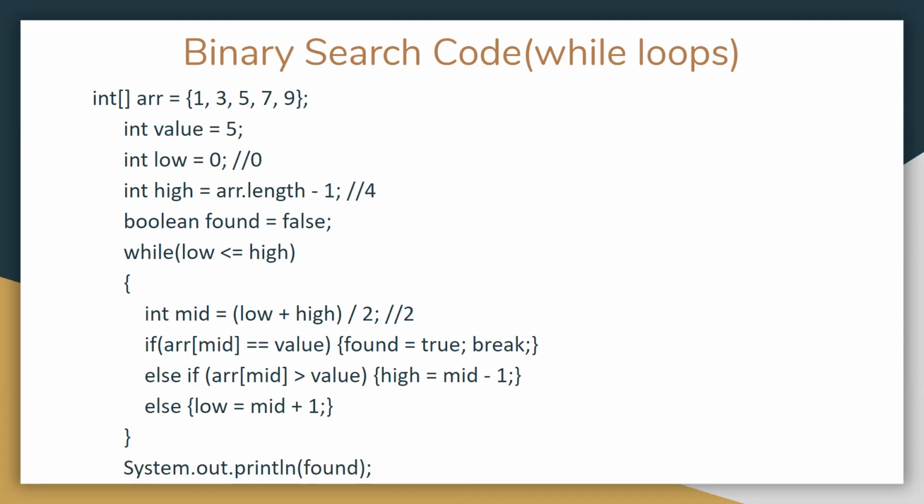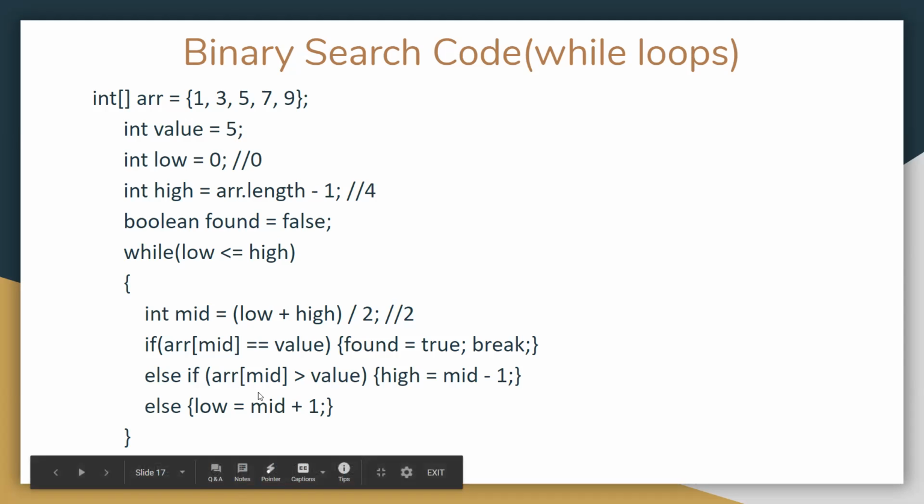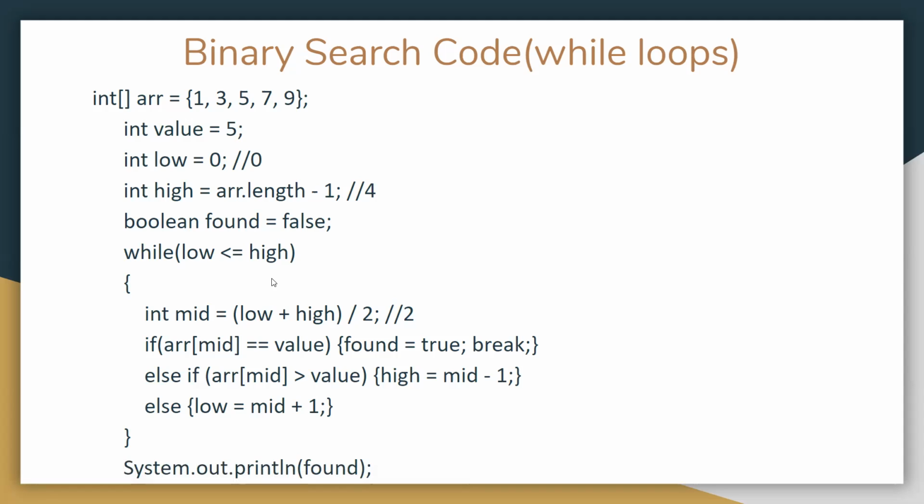And then you can see that else we do low is equal to mid plus 1, because if it's not equal to and not greater than, then it's less than. That's why we automatically put an else here. So you can see how it goes over and over again until it ends up at a value that doesn't work. And then we print out found, which signifies whether or not it was found.